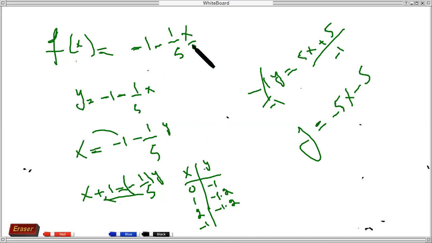If you give a negative value, this multiplied with this will be plus 1 over 5, minus 1. So minus 5 plus 1 over 5 equals minus 4 over 5, about 0.8. So you need to draw the graph, for example when x is equal to 0, 1, 2, 3. These are negative values here. So you will draw the graph like this.